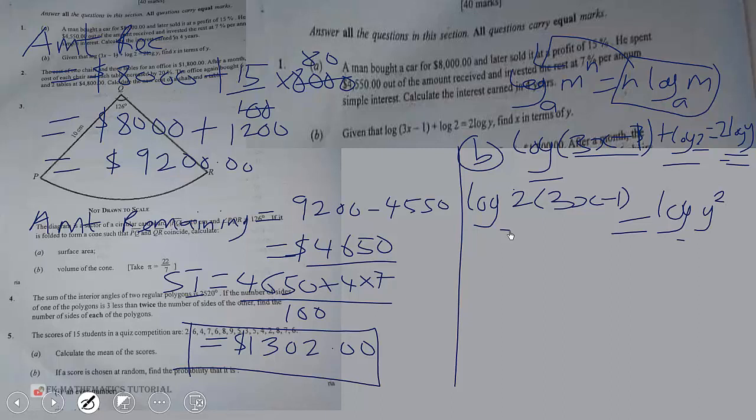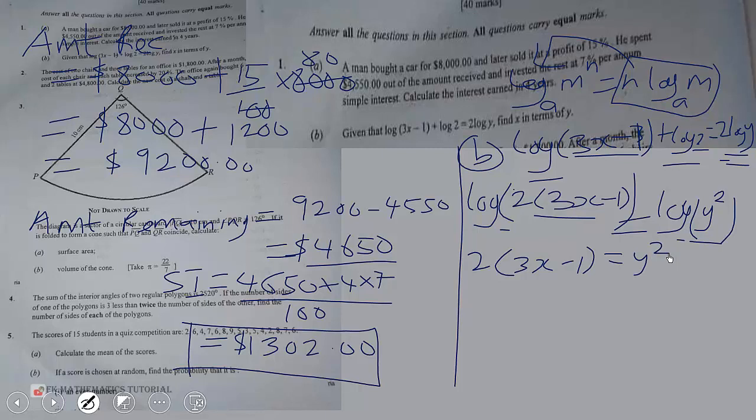Now, since the logarithms have the same base, we can equate this and this. So we have 2 into bracket 3x minus 1 is equal to y squared. That means we have the log both sides.